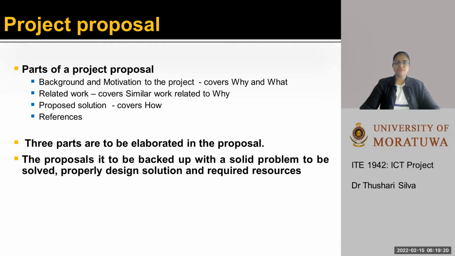Major components are background and motivation. Background and motivation reflects why you are going to do this project. That's why I ask you to address the question, why do you want to solve this problem? It also talks a bit about what you are going to do. So I'm going to do this and that because of this reason. That's what you have to hypothesize.